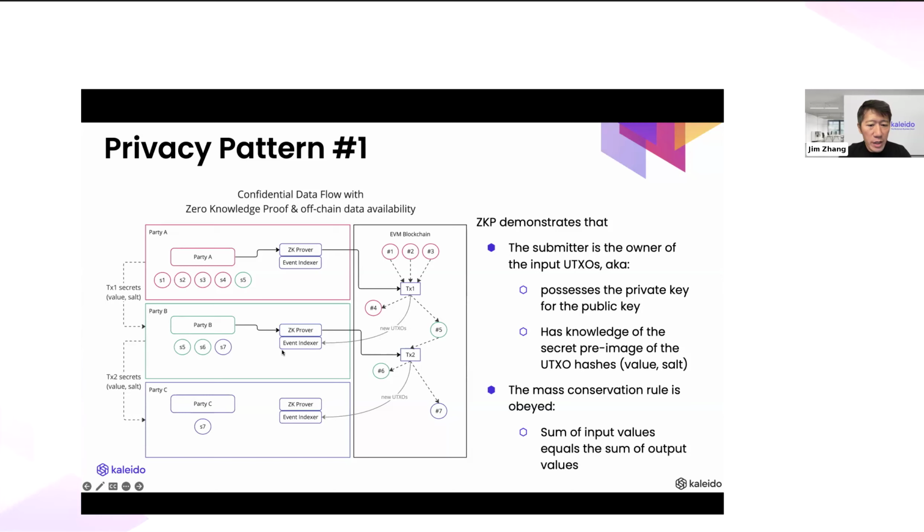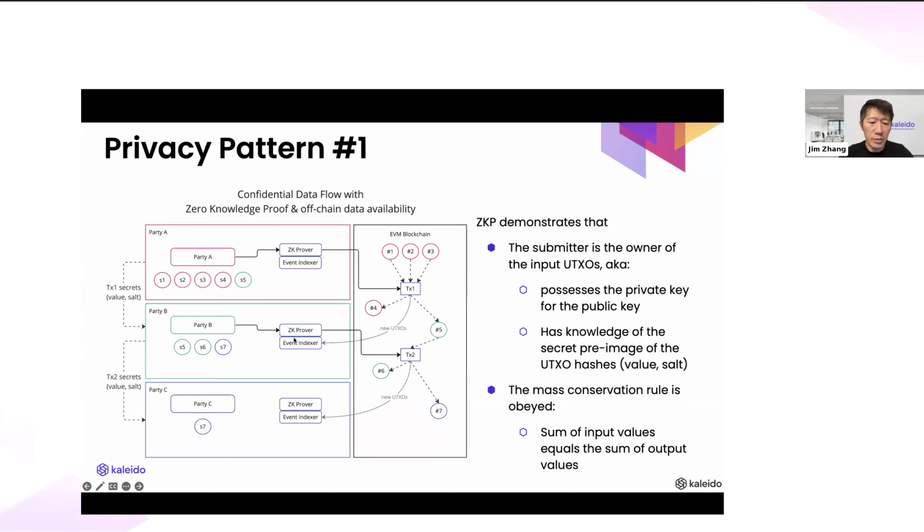So party B will index that UTXO, and at this point, party B sees there are some hashes that are marked as party B being the owner, but party B has no idea what the pre-image of that hash is.